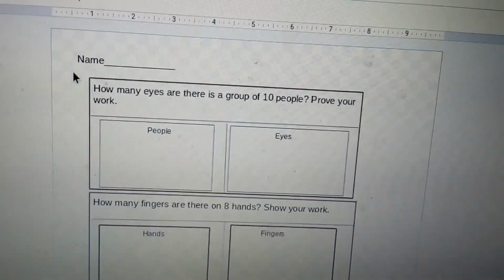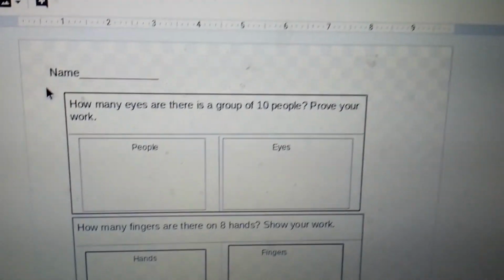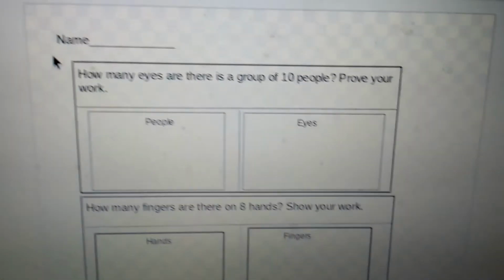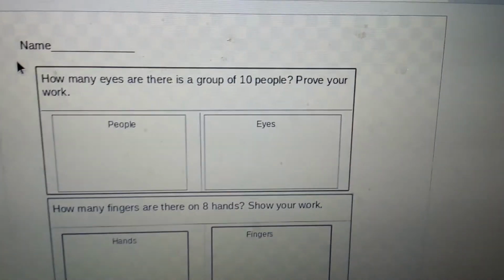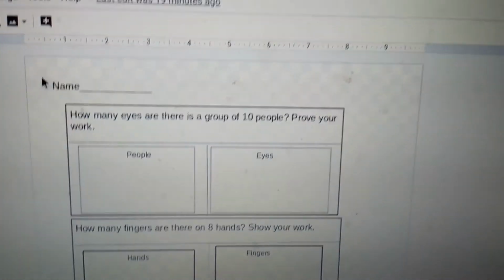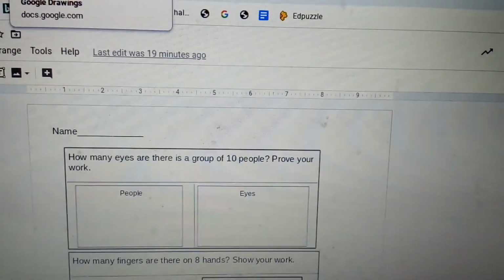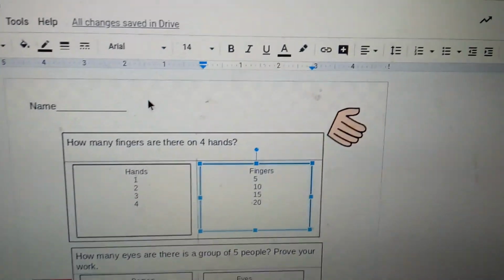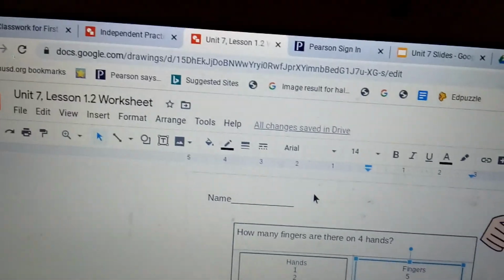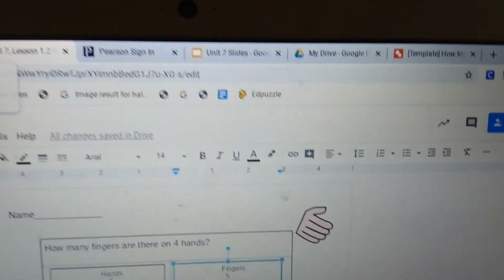Now you can always do like I did in our beginning problem, do it on paper first and then type in your numbers. I find that's a lot easier. So once again, you're going to finish the problem right here with the eyes on the same sheet that we just did. And it's called Unit 7, Lesson 1.2 worksheet. And then you're going to do our independent math practice sheet.